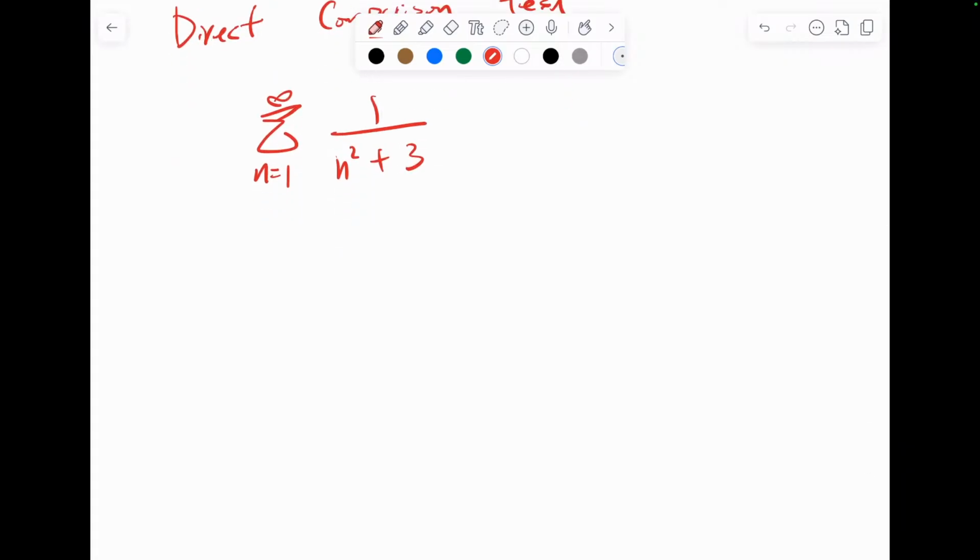Thank you. So this is the direct comparison test. If this is kind of hard to understand, it's because you didn't pay attention. Summation from n equal to 1 to infinity, and we have a_n less than b_n.